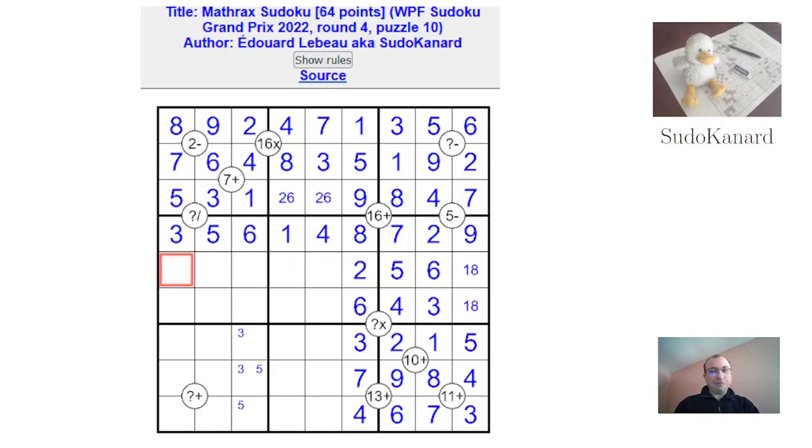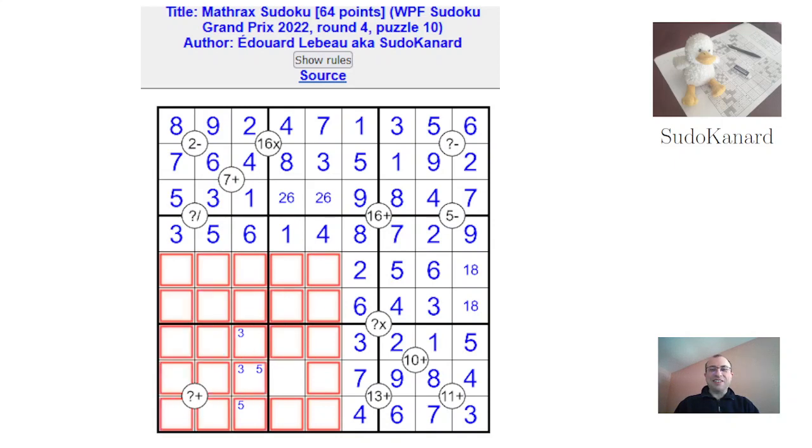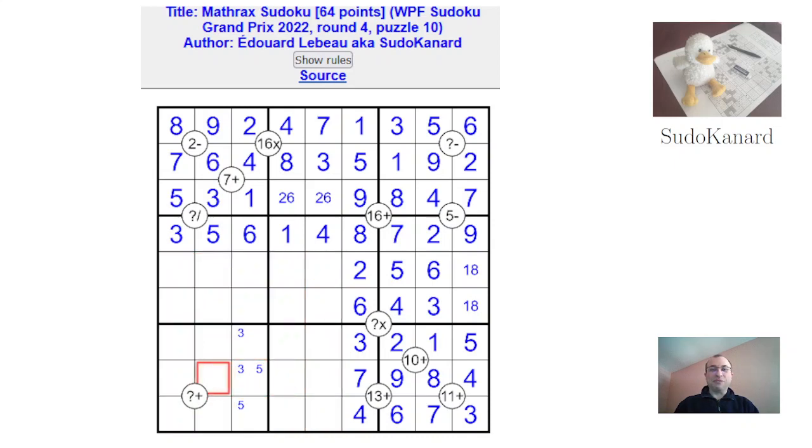And now I think that looks completely unlikely that all this 5 by 5 square can be resolved with just that clue. And I must tell you, when I created this puzzle, that looked very much like a miracle. So how do we do that? Well, this 3 puts the 3 here, so 5 is here.